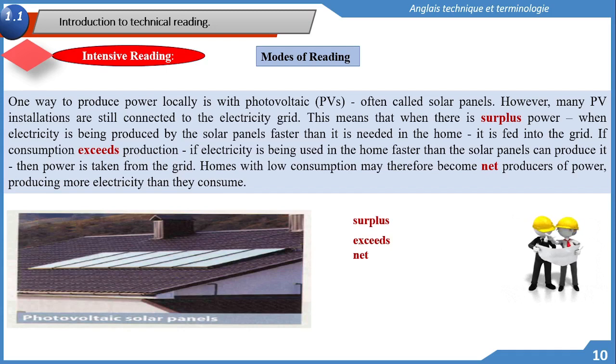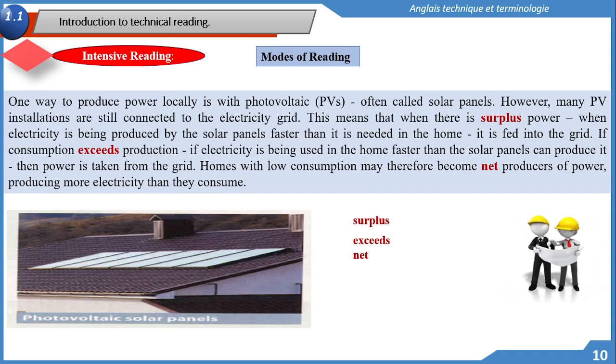So, in intensive reading, you read the text slowly and carefully, paying close attention to the details. For example, you notice that PV, or photovoltaic, are a way to produce power locally. You learn that many PV installations stay connected to the electricity grid.